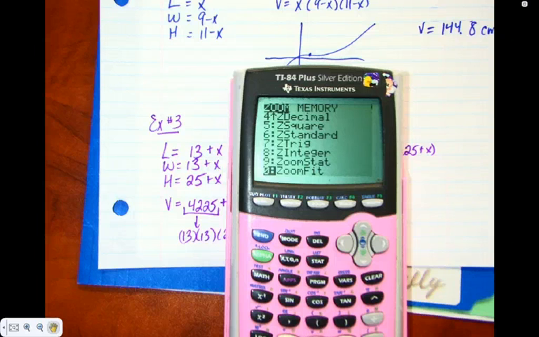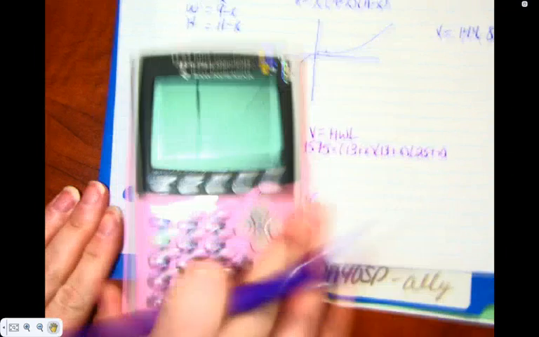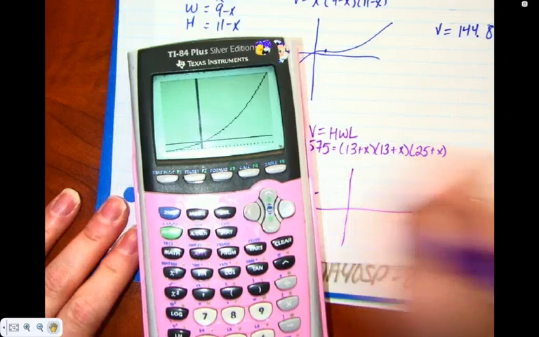See what the calculator does. Am I looking for the intersect, the intersects, the max min? What am I trying to go for here? Intersect. Why am I going for intersect? Well, because I put a y1 and a y2. Can we see the intersect? Yeah, as long as we can see it, then the calculator has done well for us.